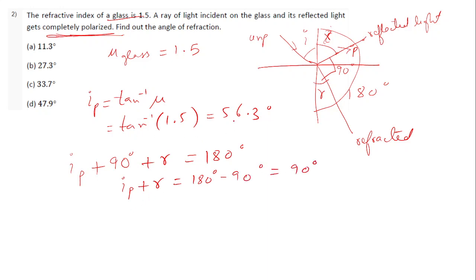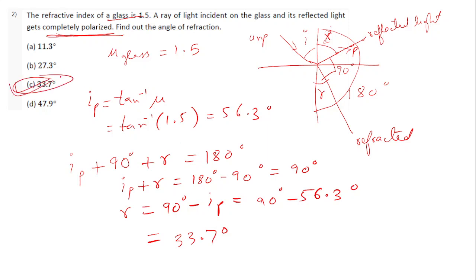Now IP I know is 56.3 degrees. So R will be 90 degrees minus IP, which is 90 degrees minus 56.3 degrees. This is 33.7 degrees. So for this particular situation, the refractive angle would be 33.7 degrees, which is option C.